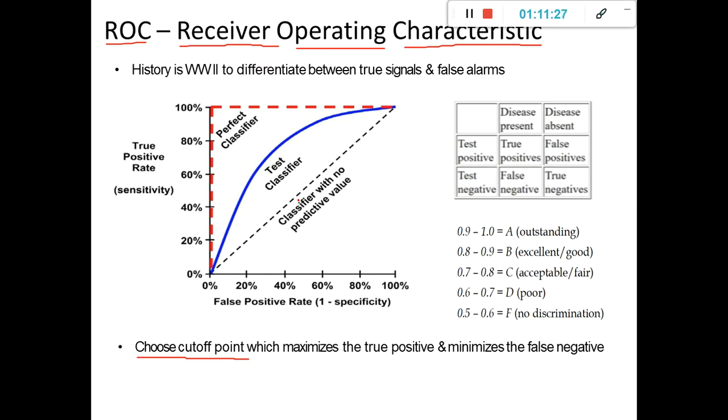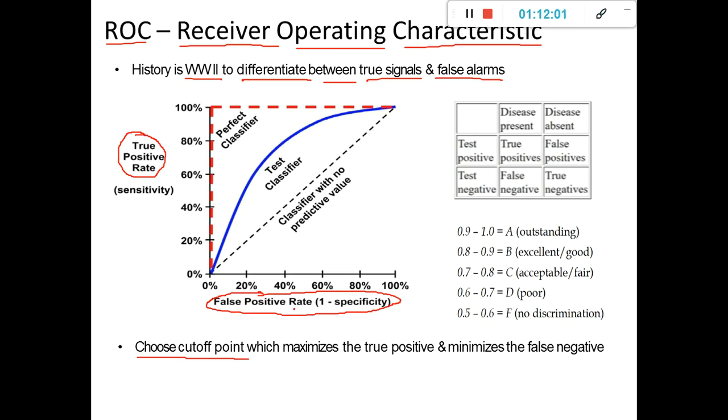The history behind this ROC curve, I mean, when people started plotting this, is from World War II, to differentiate between the true signals and false alarms. One group of countries developed this ROC, which is plotted between, as I said, two important parameters: true positive rate and false positive rate, TPR and FPR.